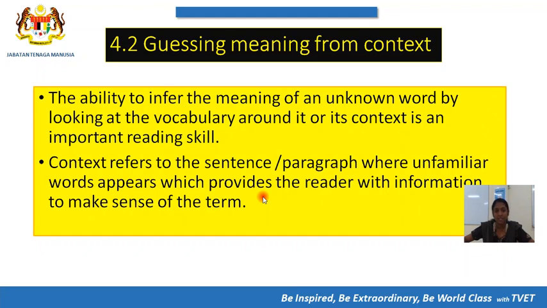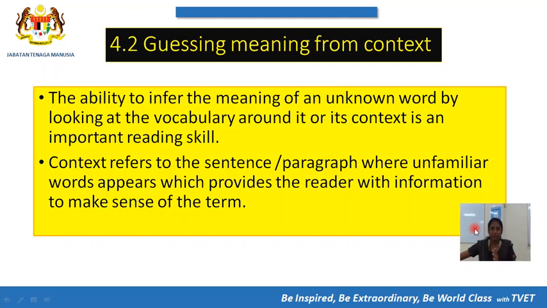Context refers to the sentence or the paragraph where you are not sure about the word, which provides the reader with information to make sense of the term. That's how you do the guessing from the context.